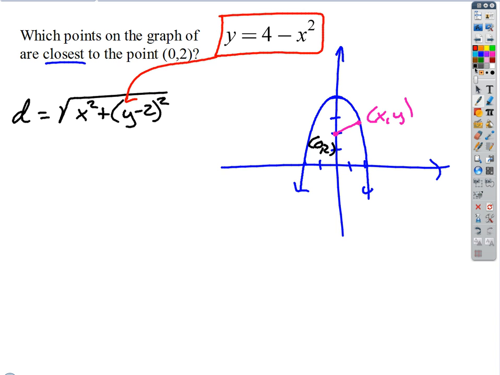And then I just end up getting d equals the square root of x squared plus y minus 2 squared. So what's that going to be? Four minus x squared, minus 2, so that'd just be 2 minus x squared, squared? Yeah. Okay.